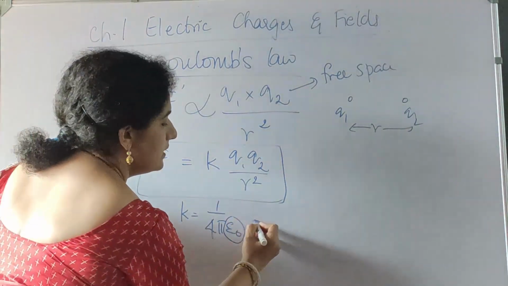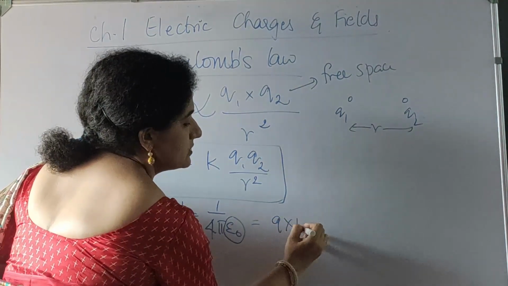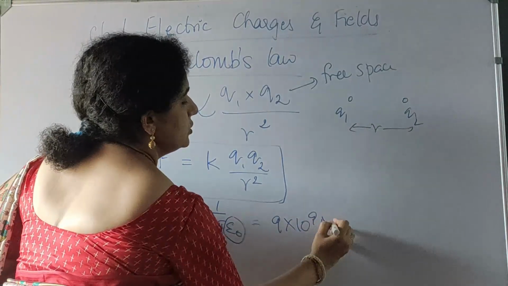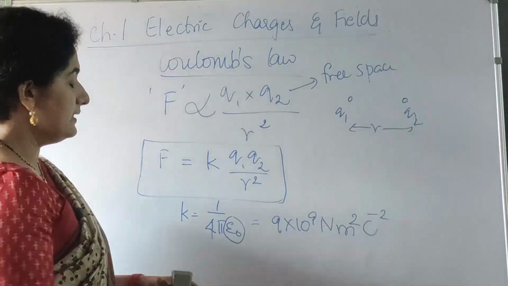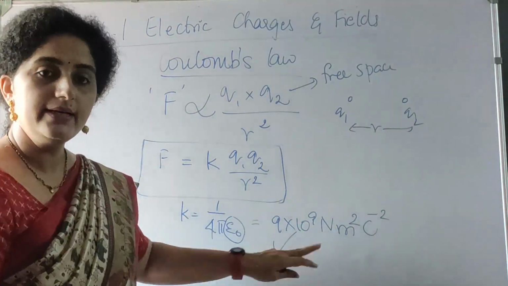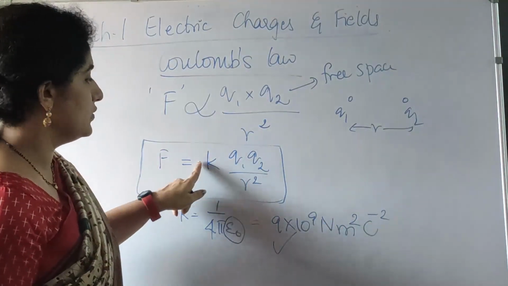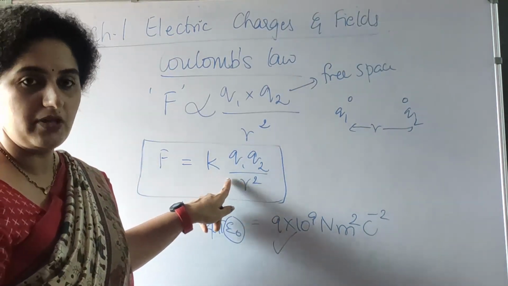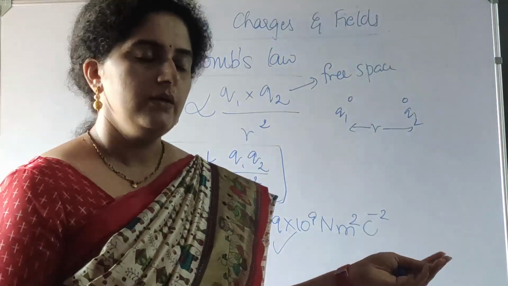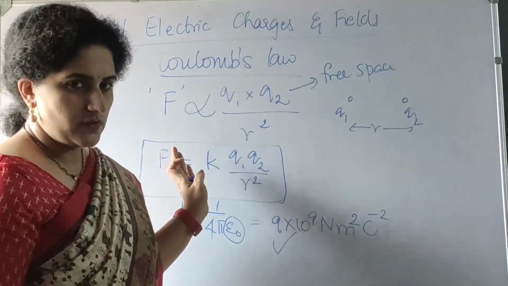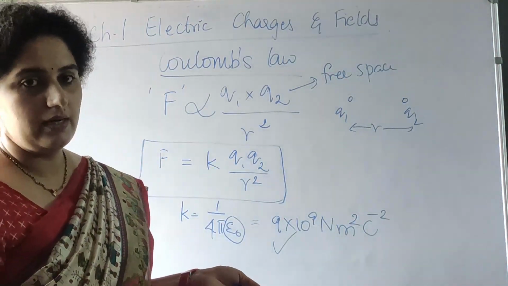So this value is found to be 9 into 10 to the power 9 Newton meter square per Coulomb square. This value you have to remember. For the numerical, you can write it directly as 9 into 10 to the power 9. Then Q1, Q2 and R values will be given and you are asked to find the force. That is the simplest numerical.